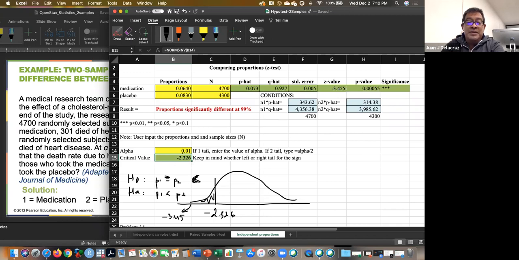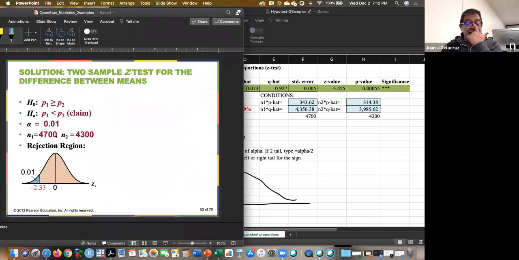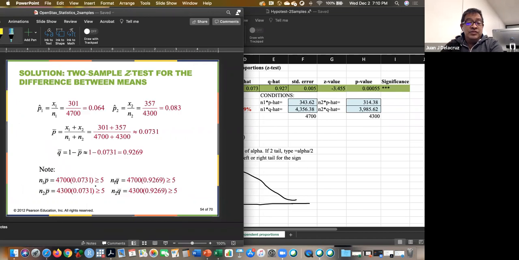This is a 1% level of significance in a left tail test, okay? So I will have enough evidence to reject the H naught. So this is more correct.